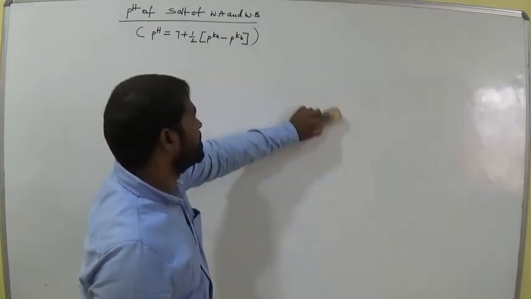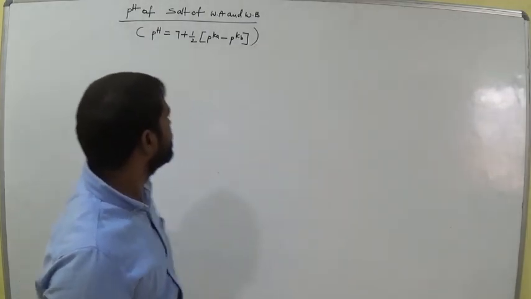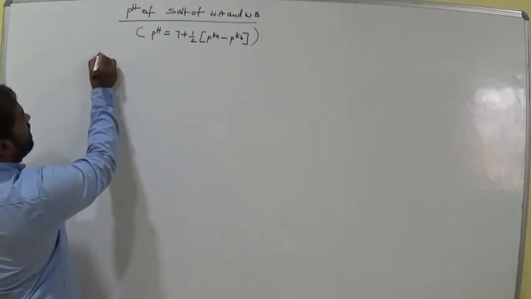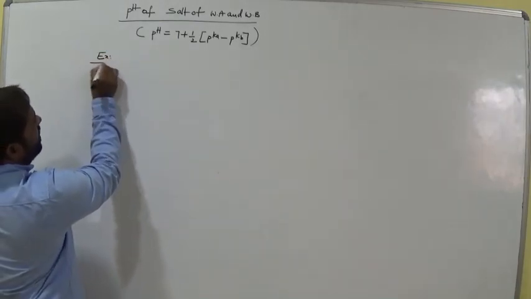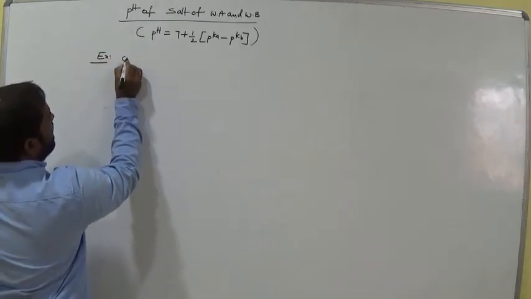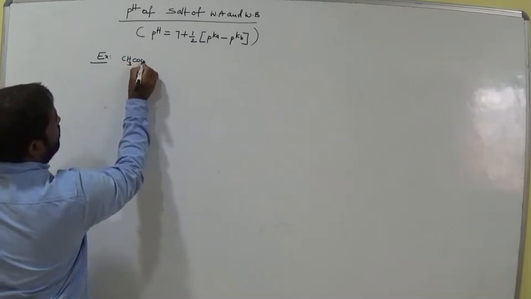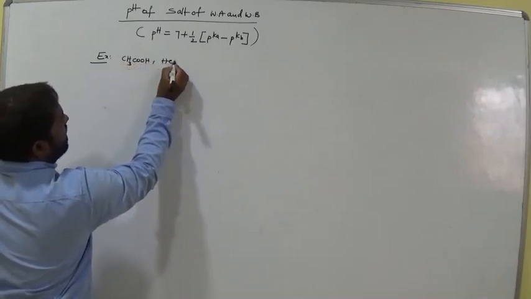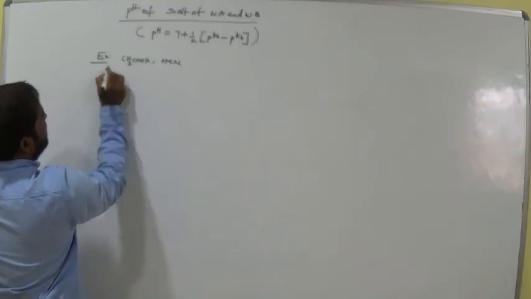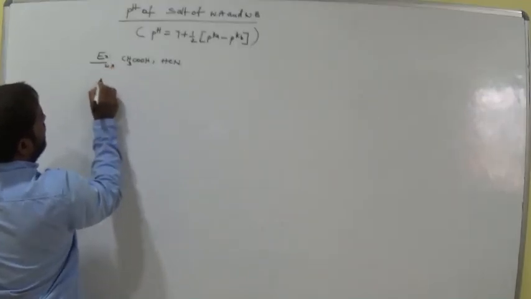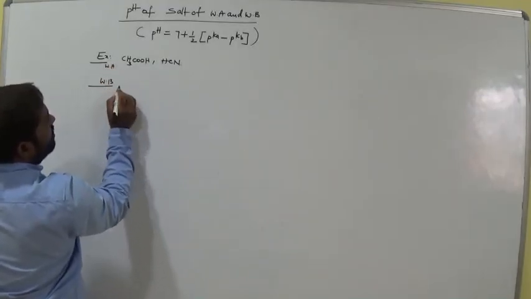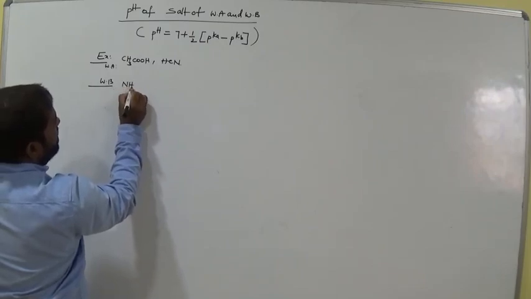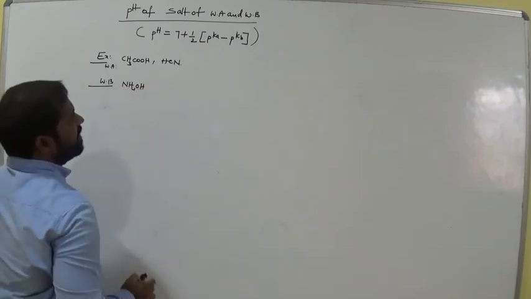Now we take the expression for this. Let's take some examples for weak acids: acetic acid, am I right, and also hydrogen cyanide. Example for weak base, can anybody say? Ammonium hydroxide, the best example of a weak base.